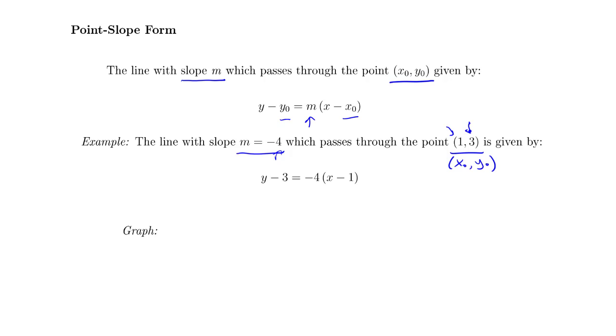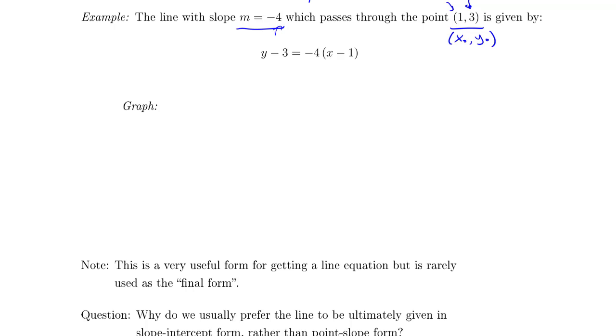Okay, so let's take a look and let's graph this, practicing our graph sketching. Let me get a set of axes going here. And let me see, let's do 1, 2, 3, 4.